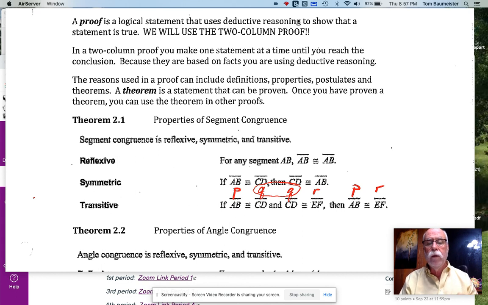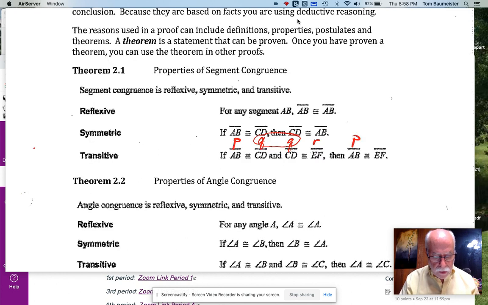Remember, we talked a little bit about that. They don't have to go in order. With the law of syllogism, we could have actually said these two first, but with transitive, it has to be in order.